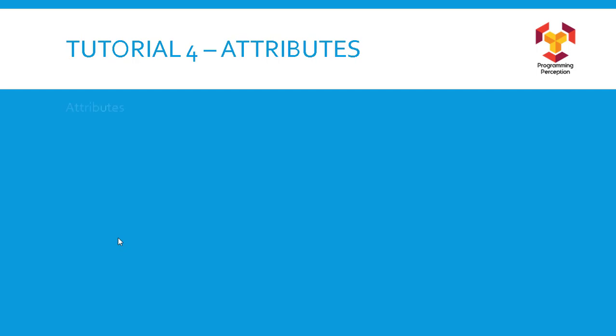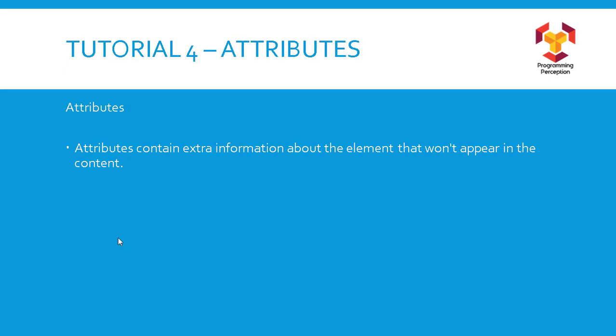So today we are going to talk about attributes. Now attributes contain extra information about the element that won't appear in the content. So anything that you want to show on the page, you keep on the content part, within the opening and closing tag.